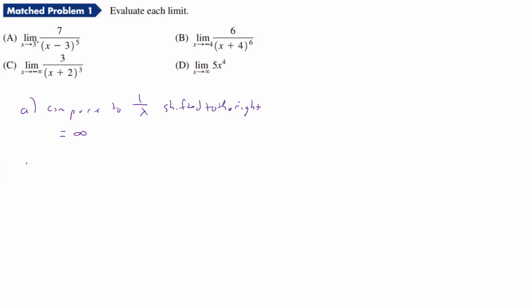Now for B, what are we going to do there? It's going to be an even power, so we're going to compare to 1 over x squared. This one's shifted to the left by 4, so we're going to approach negative 4. What's it going to do there?